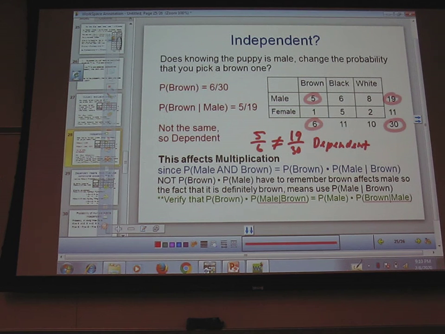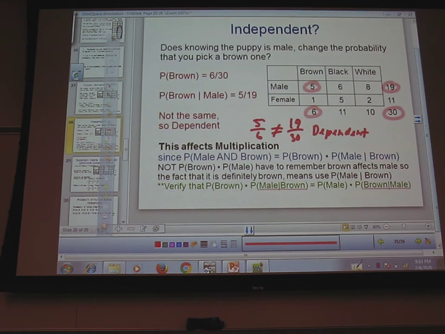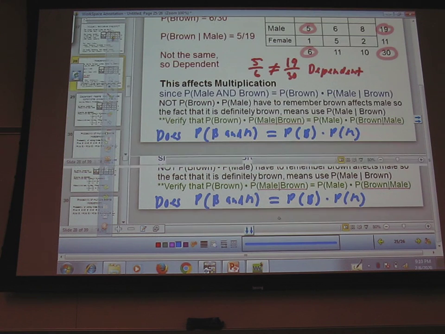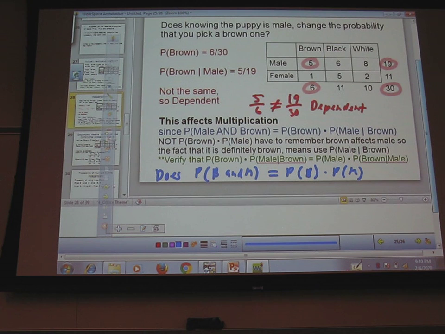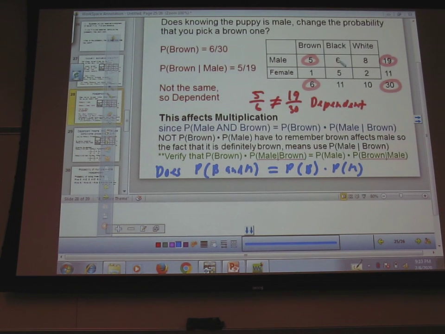The second way you can do it is you could say, does the probability of brown and male equal the probability of brown times the probability of male? So what's the probability that you pick the chocolate lab that's male, 5 out of 30.